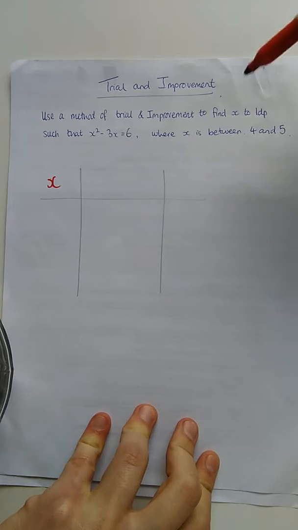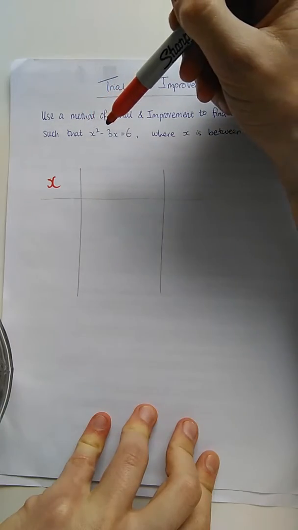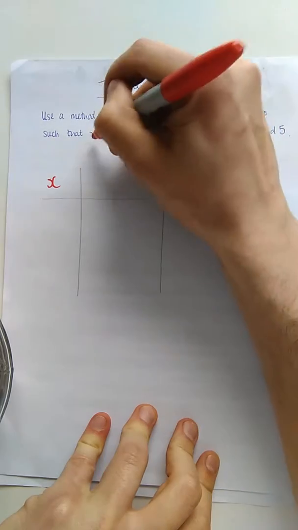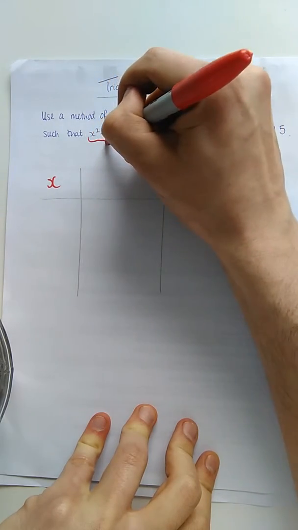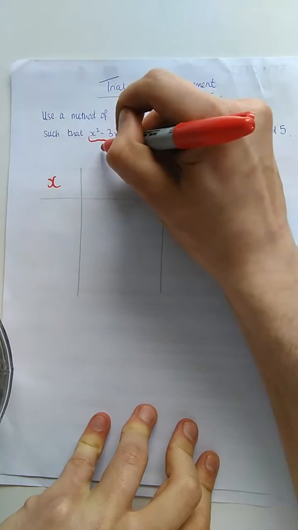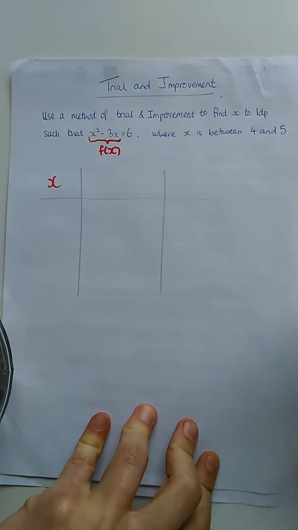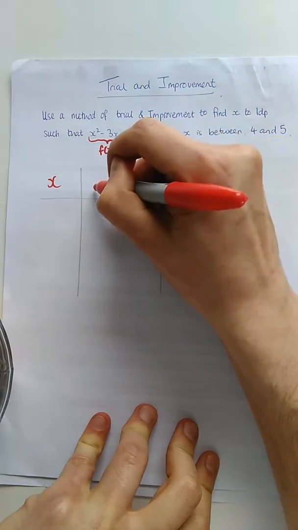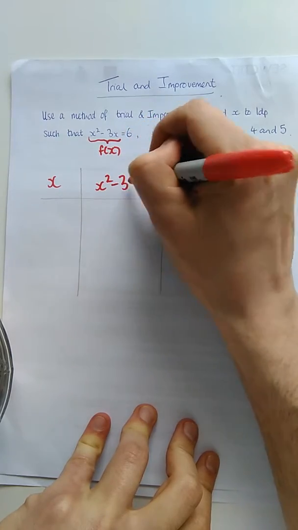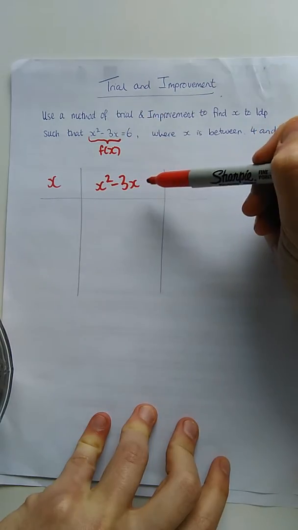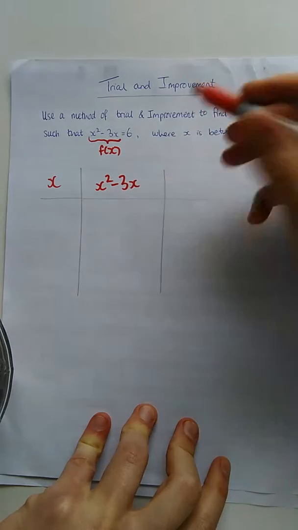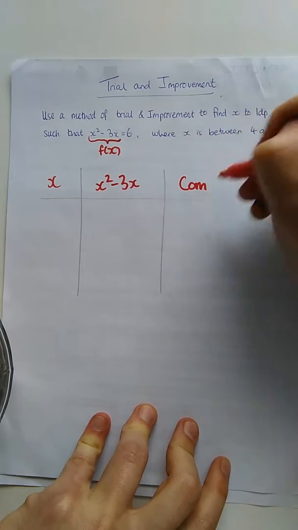So from the question, the equation I want to solve is x squared minus 3x equals 6. So x squared minus 3x is my function. Okay, so in here I want x squared minus 3x, and I want this to equal 6. And the final column is comment.